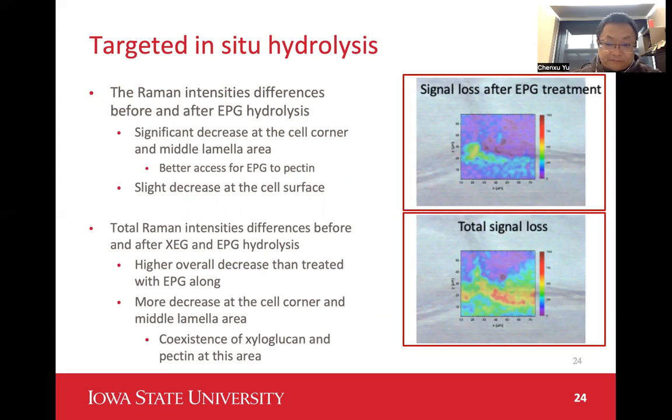And the region where the coexistence of xylaglucan or hemicellulose and pectin is observed is also in the cell corner in the middle lamellar area. And so this reveals where the co-localization is for these two important polysaccharide species in the plant cell.